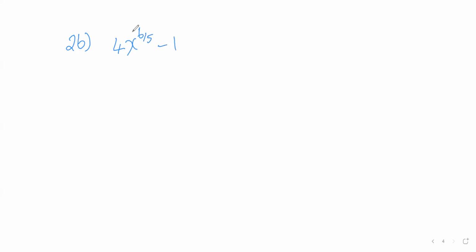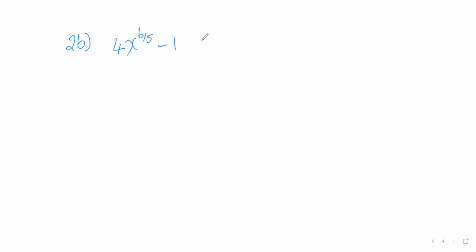Okay, so I'm looking at this. 4 can be written as 2 squared, and 1 can also be written as 1 squared. So this tells me that I can transform this into some difference of squares by trying to write this as the square of something, right? If I manage to write x to the 6 over 5 as something squared, then I have transformed this expression into some difference of squares expression.